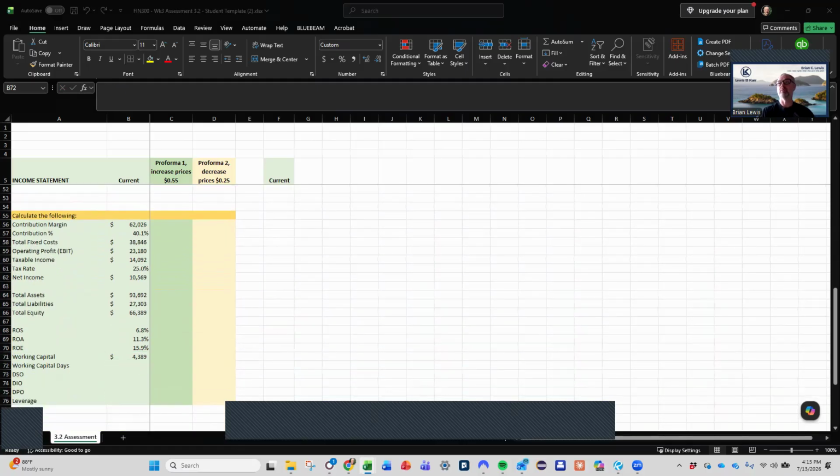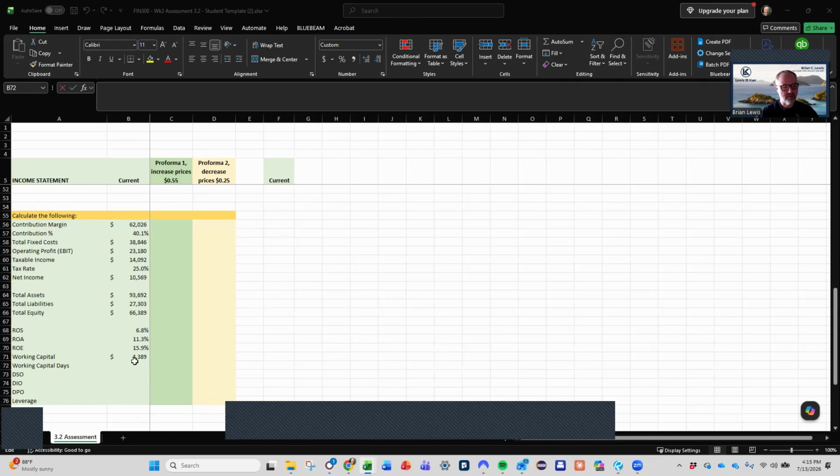And now your working capital days. This is always a curious one to me. I think of it in one way. Sometimes formulas think of it in another way. So you have to kind of piece it together. We're going to take the working capital number and divide it by a daily revenue number.